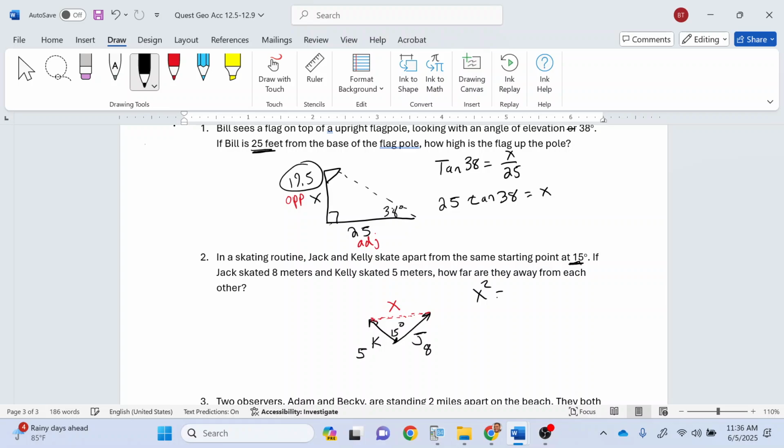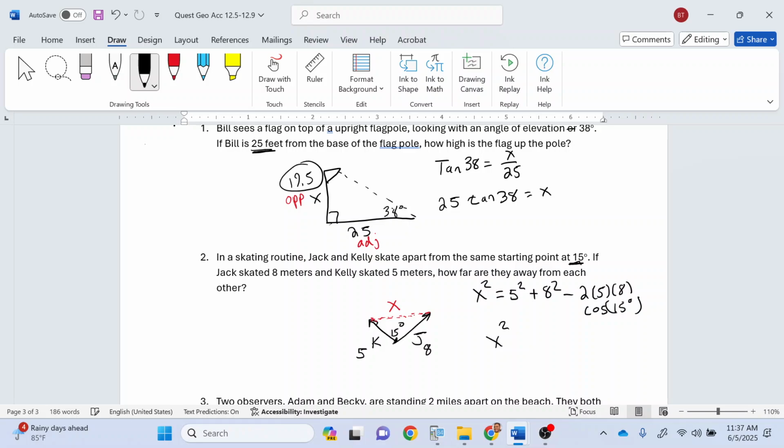So x squared equals 5 squared plus 8 squared minus 2 times 5 times 8 times cosine of 15 degrees. I'm going to type that on my calculator: 5 squared plus 8 squared minus 2 times 5 times 8 times cosine 15.